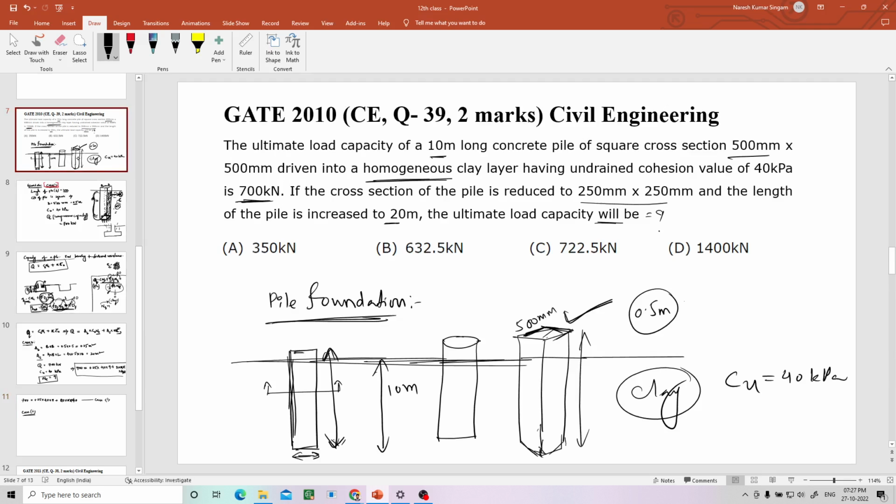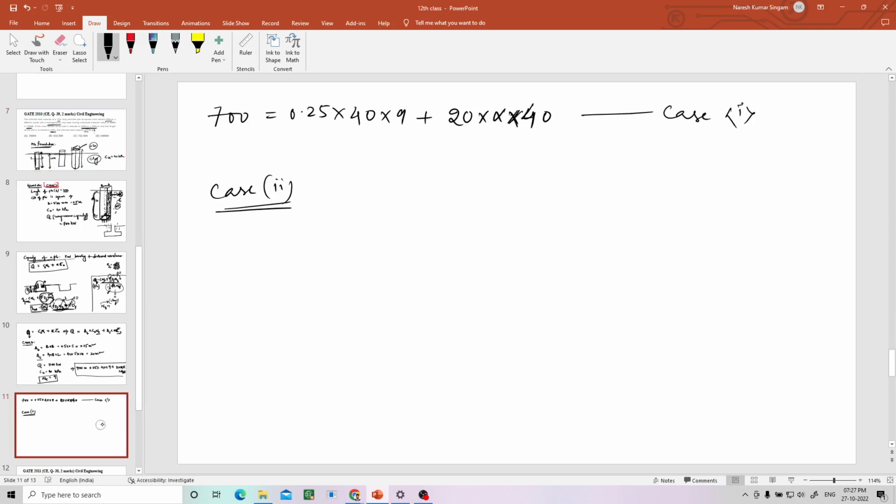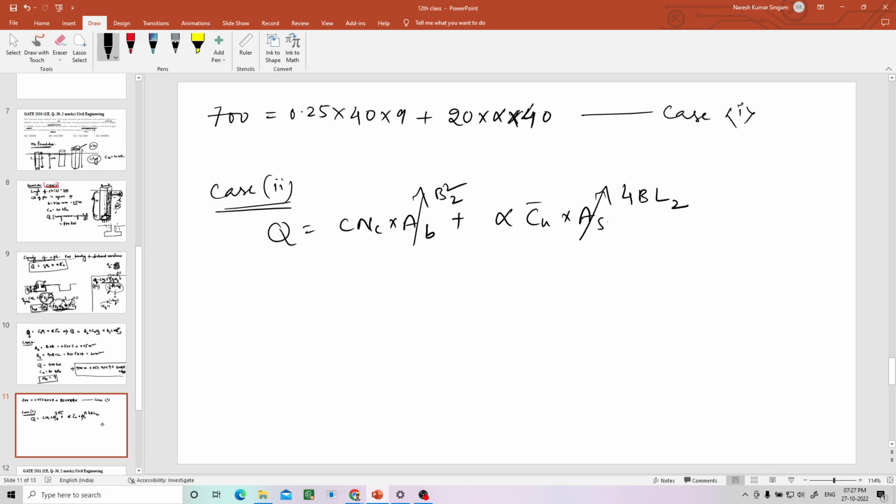So what is case 2? In case 2, the B value is reduced, the L value is increased, nothing else, no change. So again, what shall we do? Q equals C NC into AB plus alpha into Cu bar into AS. AB is B square, AS is 4 into B into L, and this is B2 because this is case 2.